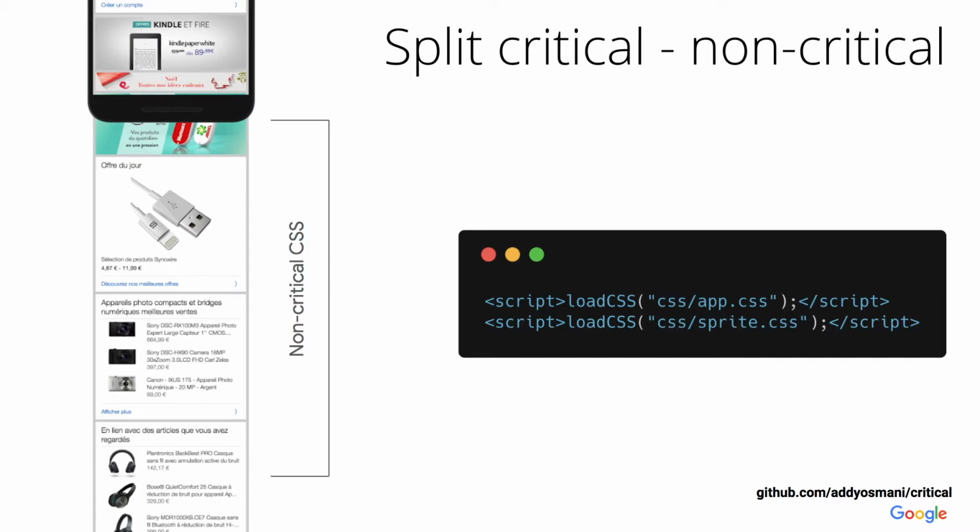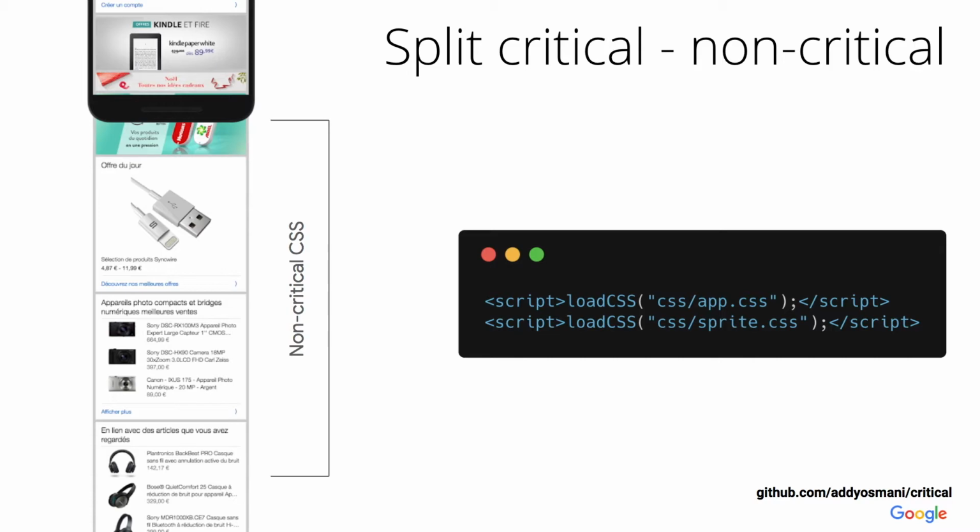And for everything else, for all your non-critical CSS, you should load it asynchronously with JavaScript. You can use a function like loadCSS that you can find on GitHub, a short snippet. So search for loadCSS on GitHub and you will find it.